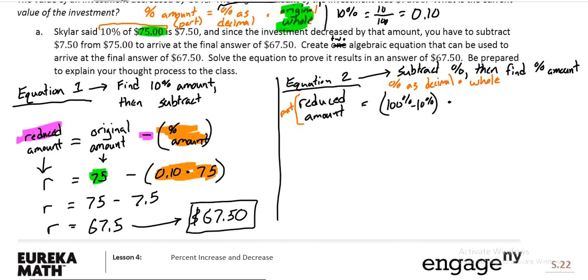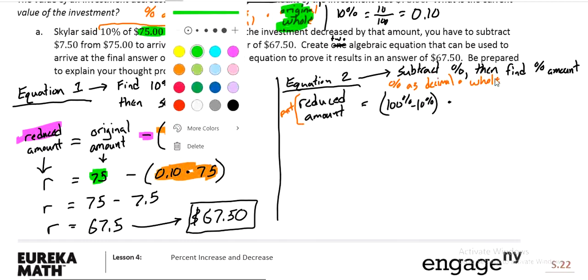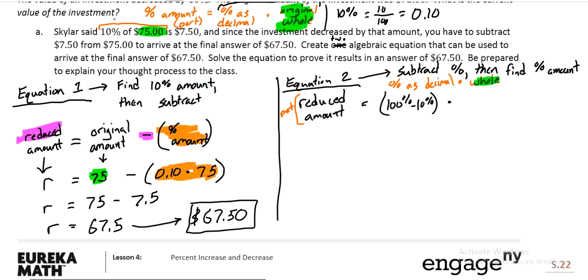And then the whole, well, the whole is the same as what we've had. The whole will be that $75. So let's keep going. We have R equals, now 100% minus 10% leaves us with 90%. Let's actually write that up a little higher there. Sorry about that. Because we have 90%.